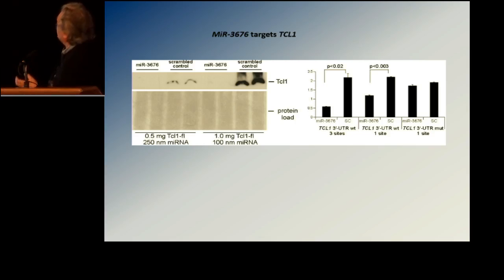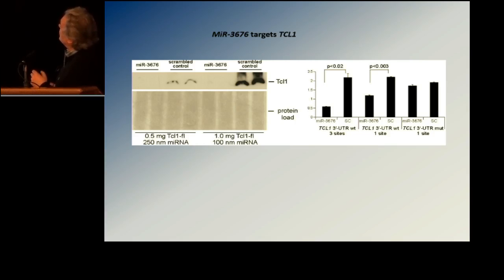Which indicates that, in fact, miR3676 shuts down the expression of TCL1, but if you have three sites of interaction, that works much better. In fact, it's a dramatic shutdown, as you will see in a second. I never saw such shutdown with other microRNA, and we work with really dozens and dozens of microRNA.